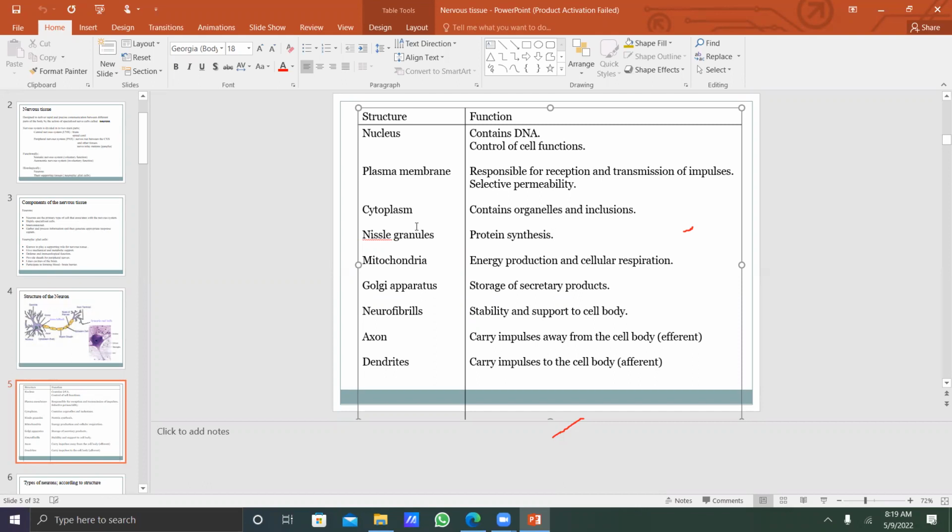Covered by the plasma membrane is the cytoplasm. Cytoplasm contains various organelles and inclusions. There are special granules called Nissl granules in the neuron cells. They are the granules responsible for the protein synthesis inside the neuron.